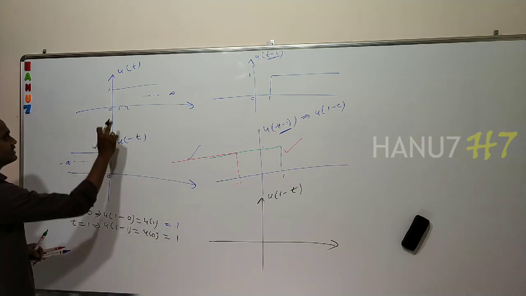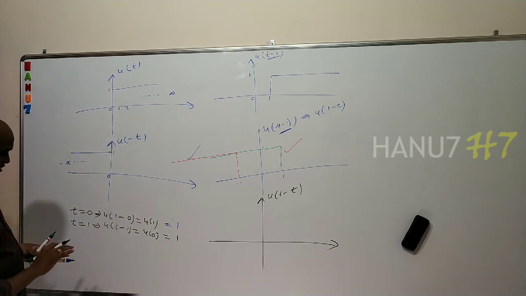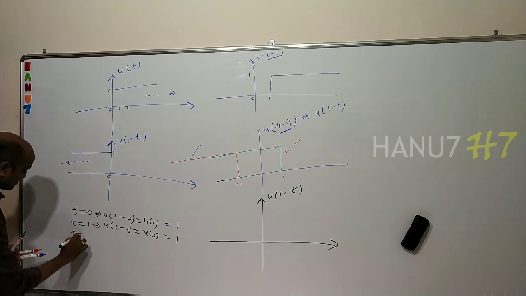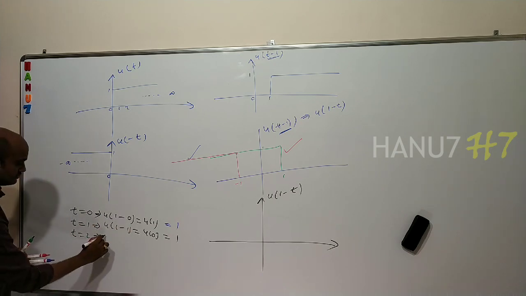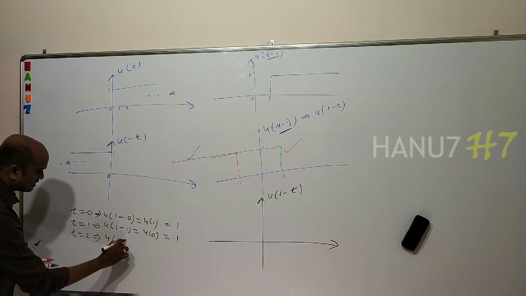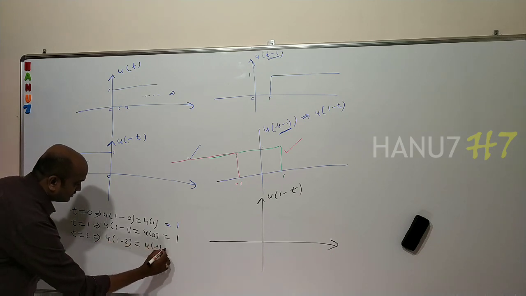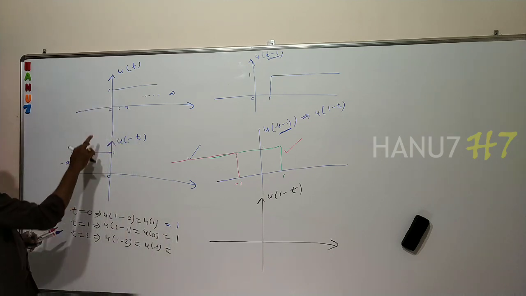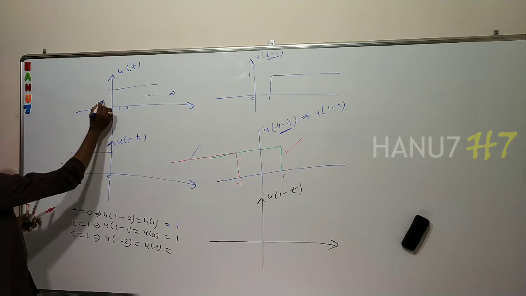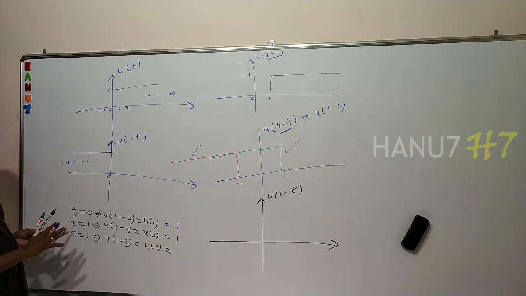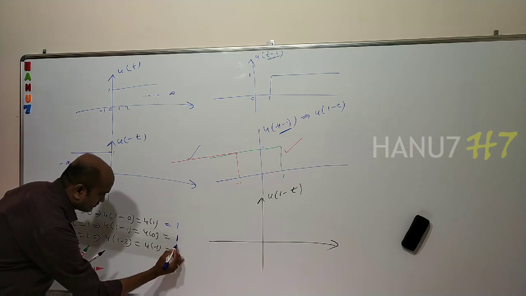This is also equal to 1 according to the definition. Now take the next example, t is equal to 2. So this will become u of 1 minus 2, that is equal to u of minus 1. If you look at the graph, at minus 1 there is no sample, that means it is 0. So we got the answer as 0.